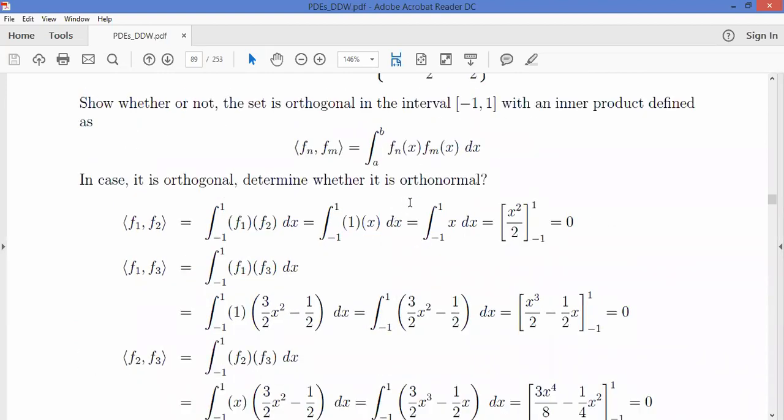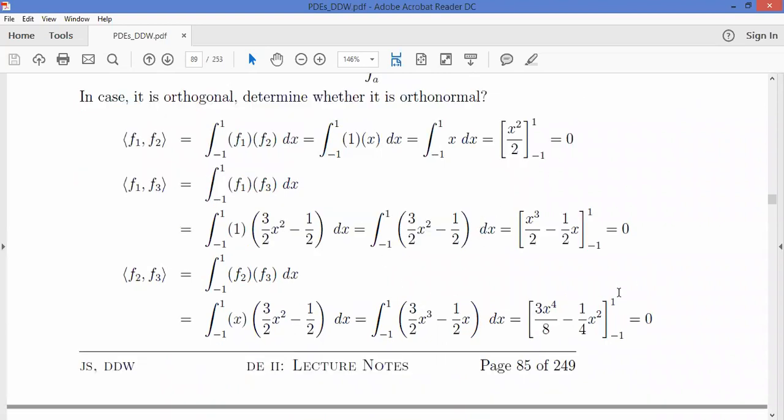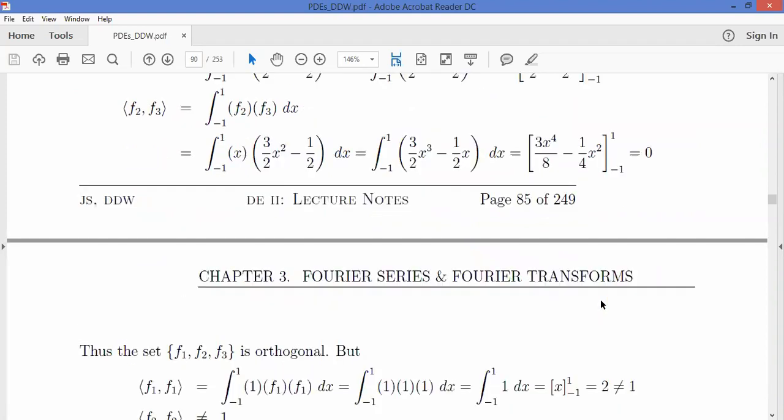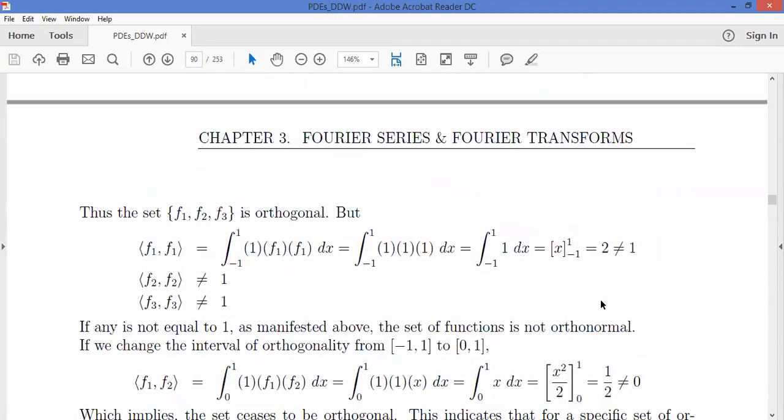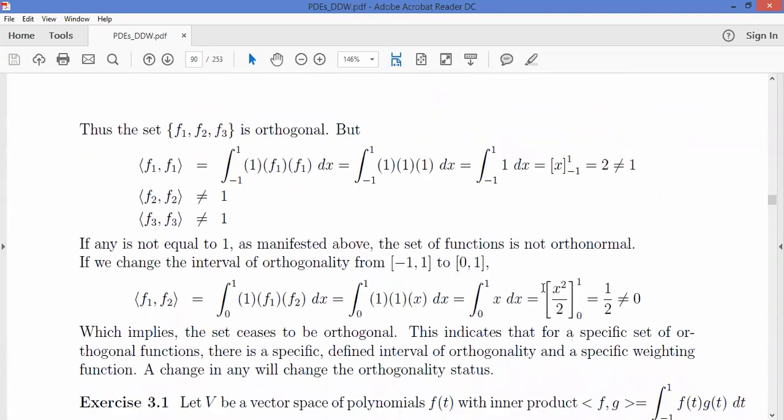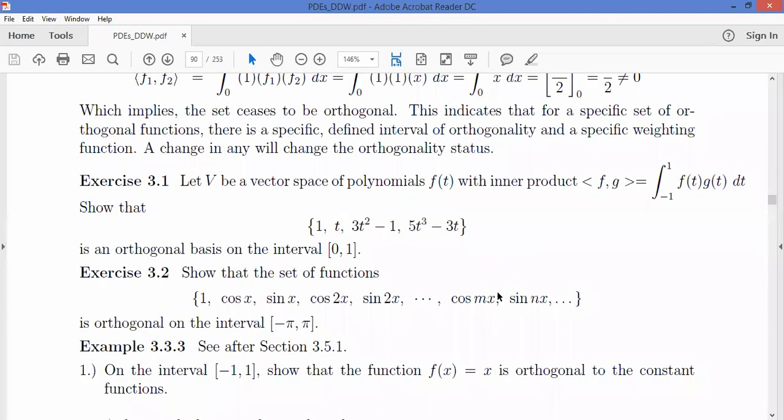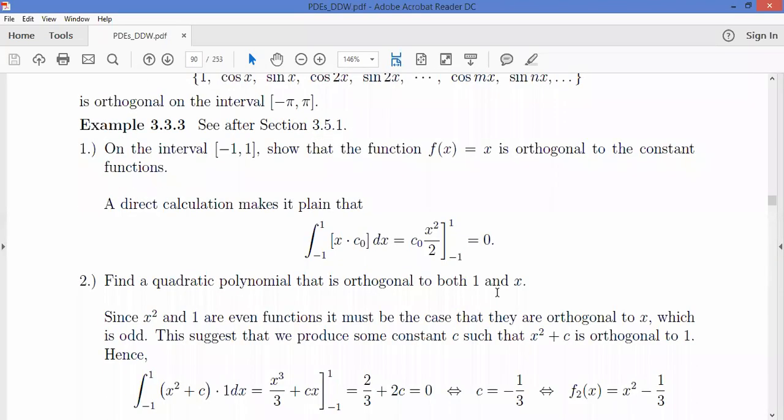This is when you have an orthogonal set, and I have explained why we keep alternating these functions. And just in case one of them is non-zero, you deduce that it is not orthogonal. Okay. Then we have some other examples you can go and deal with, and check out. So this is the obvious.